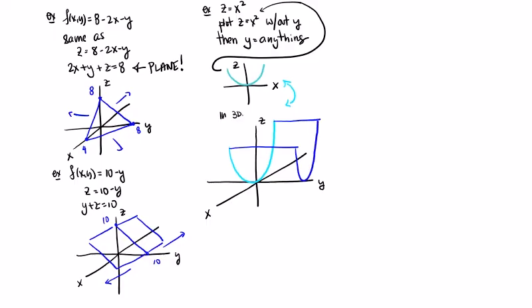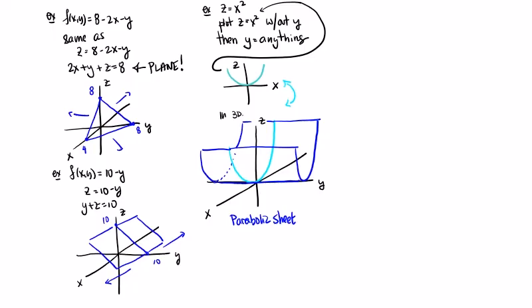So you get something that looks a bit like a half pipe if you know how to skate. But that's the shape. Now this has an actual name. This is a parabolic sheet. For obvious reasons, because it's parabolic, but it's like a sheet, like a bed sheet or a sheet of paper or something like that. And of course you can take a sheet of paper and bend it to emulate what this will look like. But the key to see is z equals x squared. Without y, it's just a parabola. With y, it extends in the y direction. Y could be anything, so it extends to the left and the right forever.